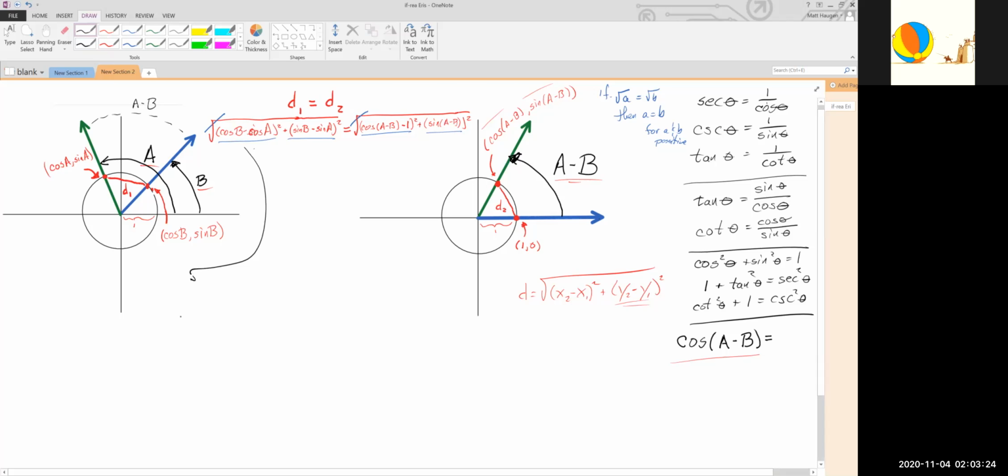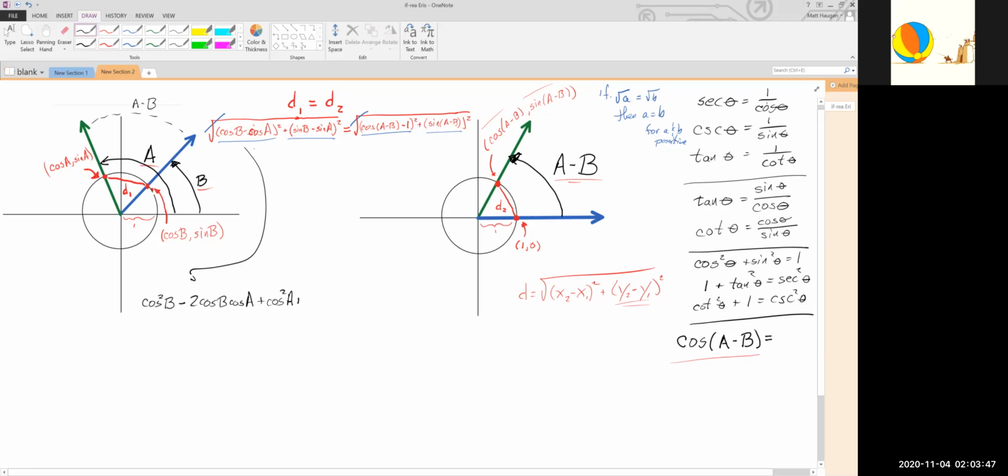Let's FOIL these things. Cosine of b minus cosine of a, quantity squared, turns into the cosine squared of b minus 2 times the cosine of b cosine of a plus the cosine squared of a. That's just our square of the first, twice the product, square of the last.